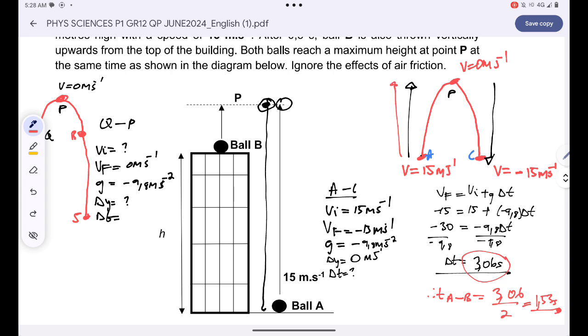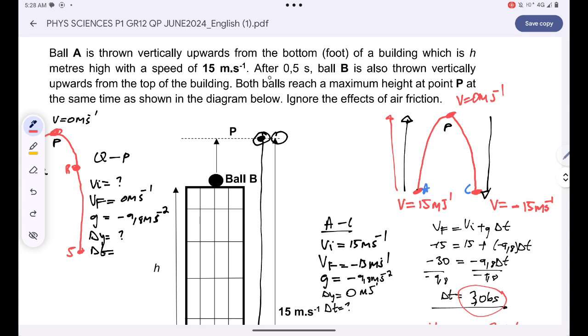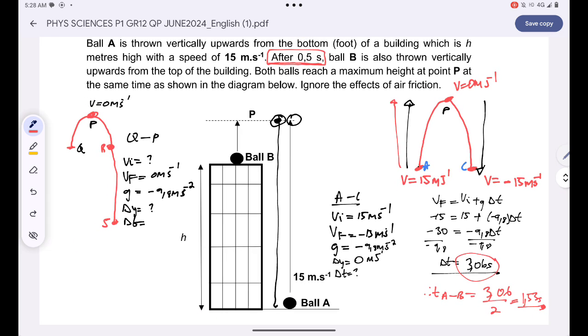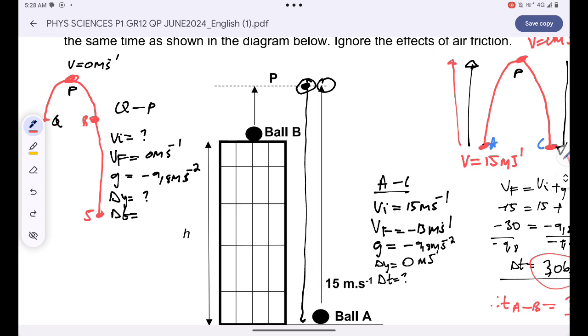But remember that I was told that ball B was thrown 0.5 seconds after the first ball was thrown. However, they reached the maximum height at the same time. So the time taken for ball B to reach maximum height will simply be equal to 1.53 minus 0.5 seconds, and then I'll get 1.03 seconds.